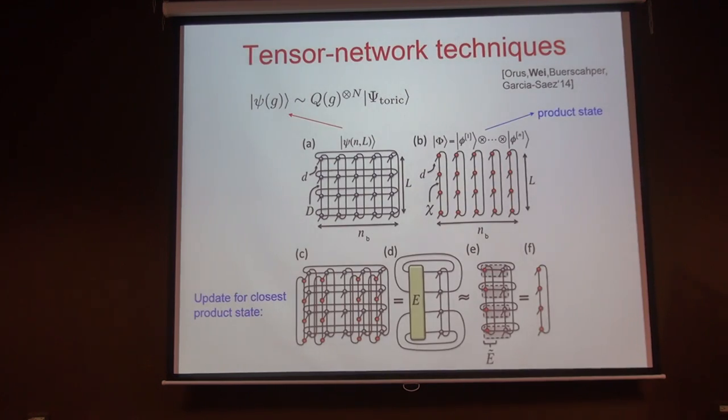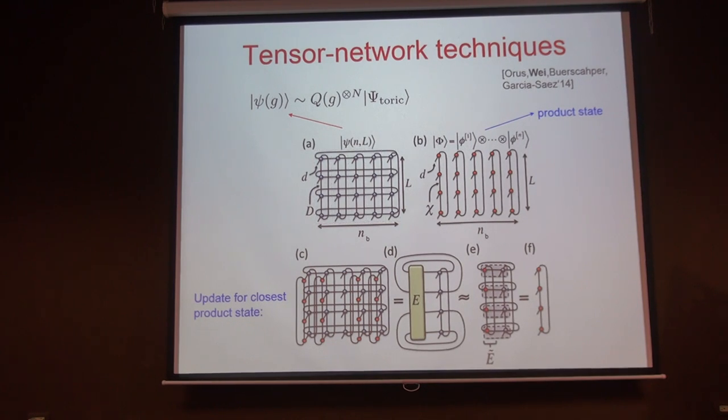If you have the tensor network description, you can also write the product wave function and go through the iteration process, you get the closest product state, and then you plug in and evaluate the overlap, and you get the geometric entanglement. So this is the process.